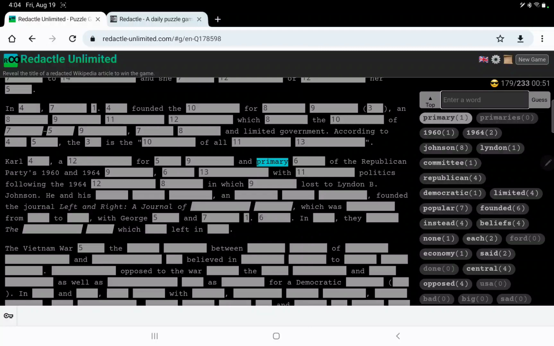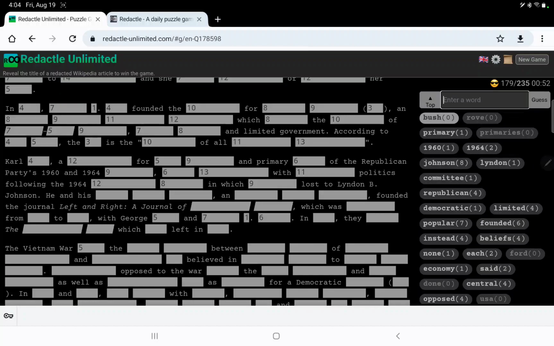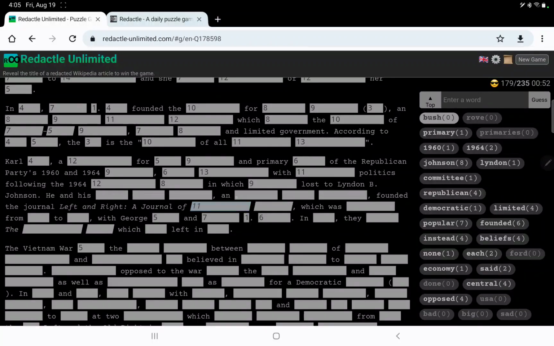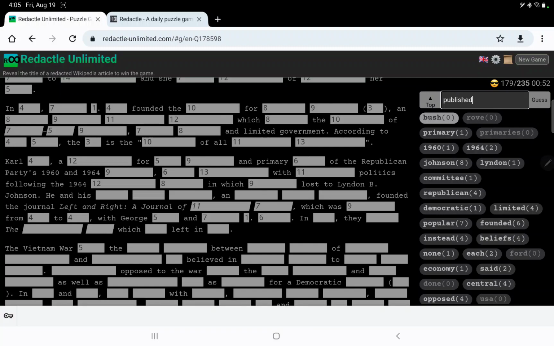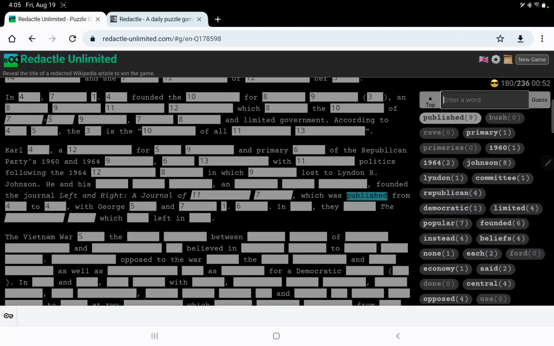Who is this? Karl Rove? No. Karl Busch? No. Karl something. Founded the journal Left and Right, a journal of 11/6, which was published maybe from some years with George somebody and 716.